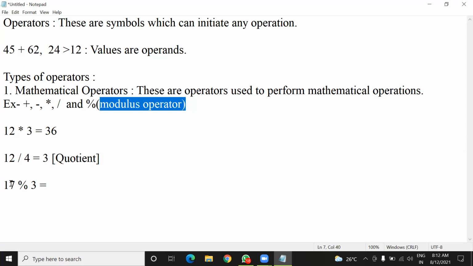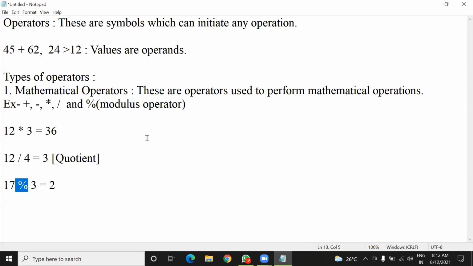So if you divide 17 by 3, what will be the remainder? 2. Means 17 will go 5 times, so it will be 15, so the remainder will be 2. Like this it works.